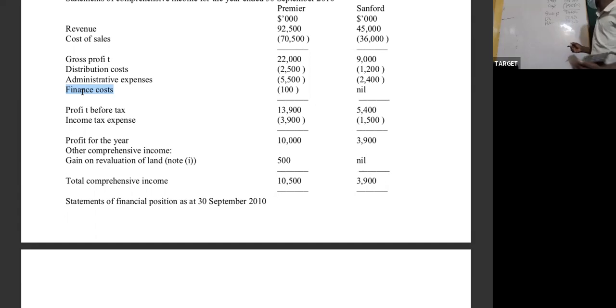Now there's nothing to be adjusted from the finance cost. So push the finance cost to the final answer. So 100 is subtracted. So at the end of the day, what's the profit before tax? Profit before tax, so minus 100. Let's go. 15,000.